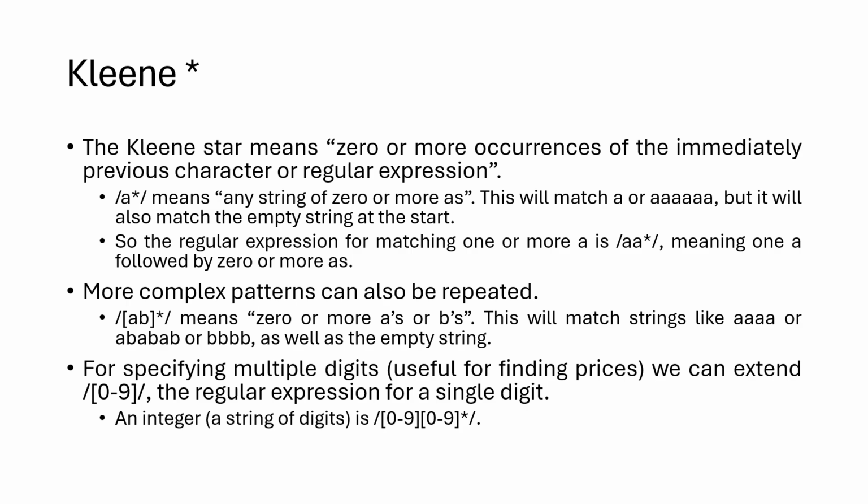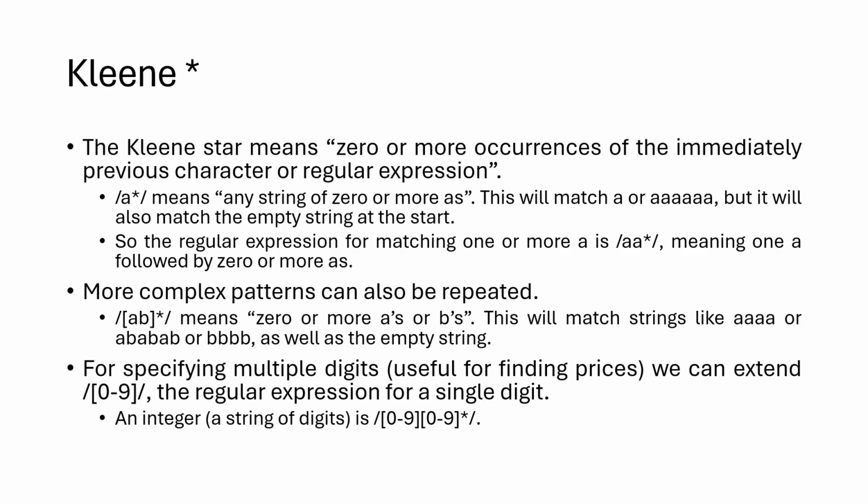In the next example, a little bit more complex pattern is used. For example, (A|B) whole star. This specifies that 0 or more A's or B's can be used in a search process. So this will match strings of all A's or all B's or a combination of A's and B's, as well as the empty string.